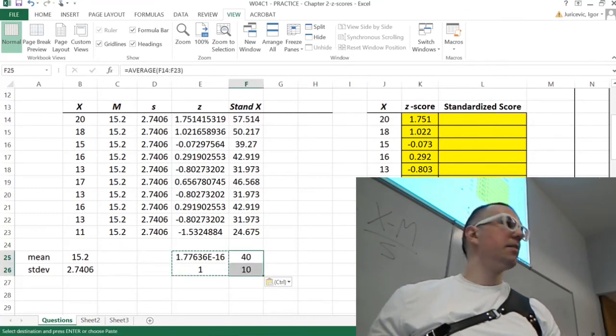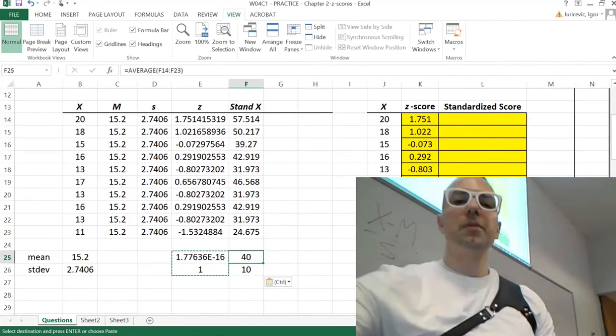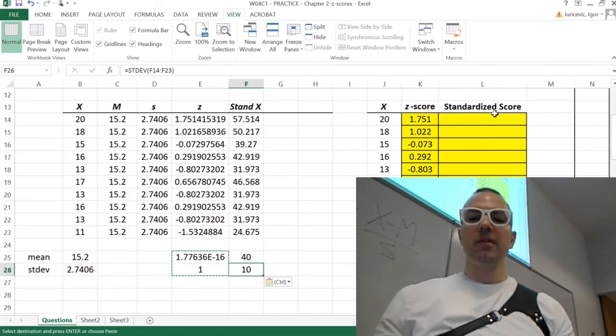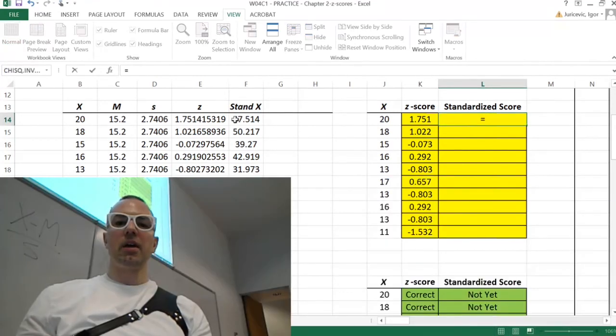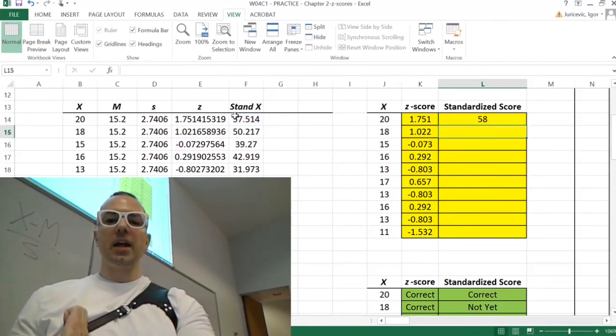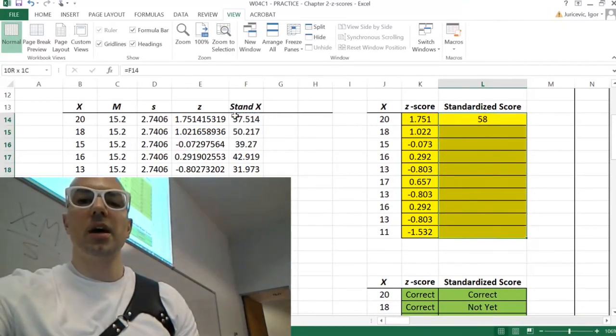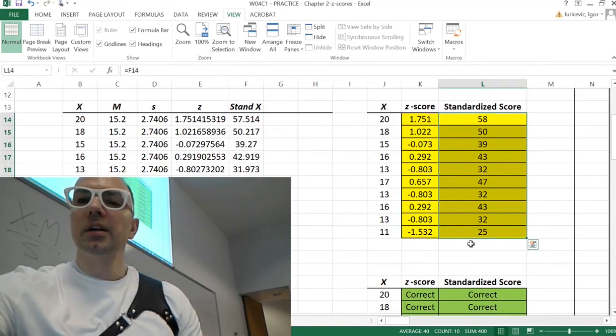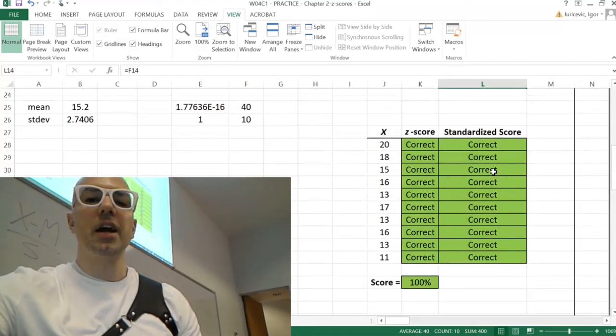And notice we have a mean of 40, we have a standard deviation of 10. So even before we enter these into the answer cells, we have confidence that we got those correct. So we can enter those in, and we copy them all down, and we see that we have those correct. So that's your z-score and your standardized score.